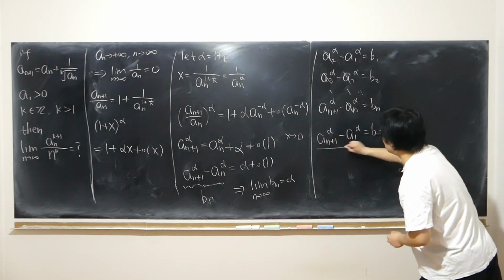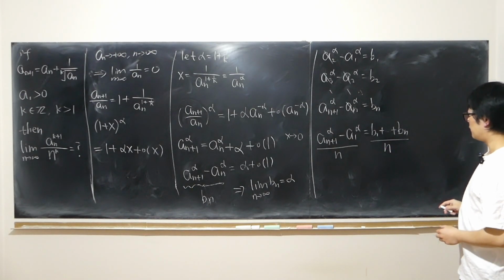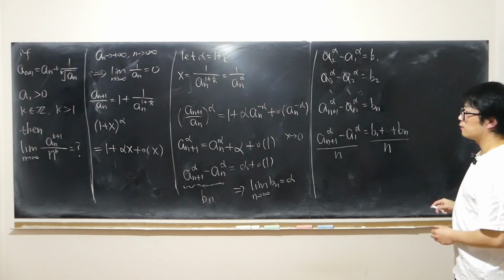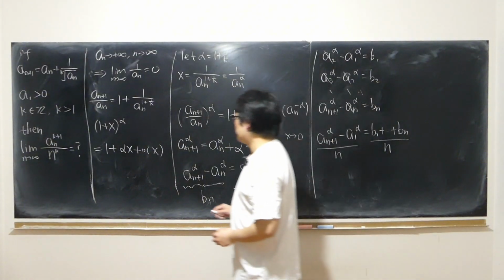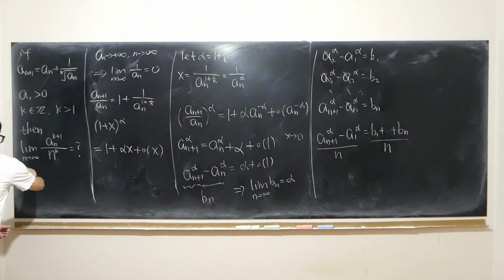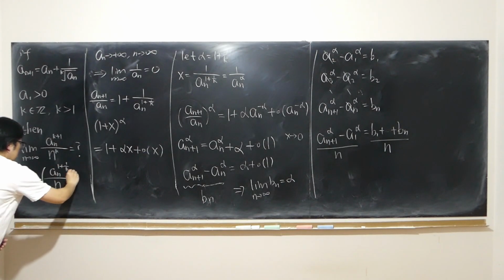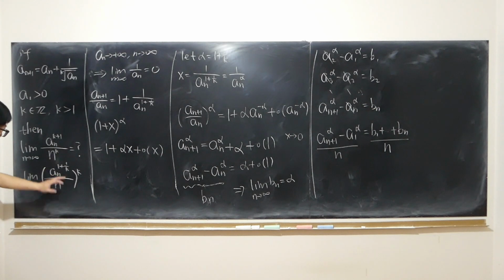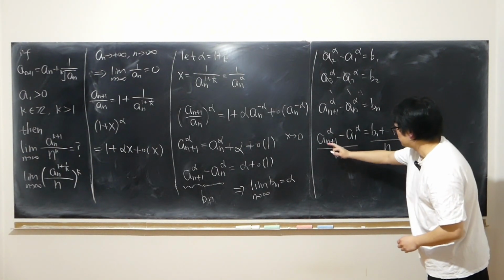So divide by n on both sides, because this can already be written as n a_n times 1 plus 1 over k to the power of k. That's taking this k out of here. This is alpha. This is already pretty close.